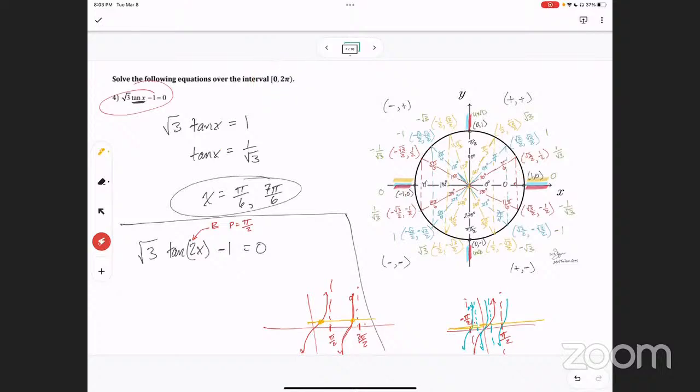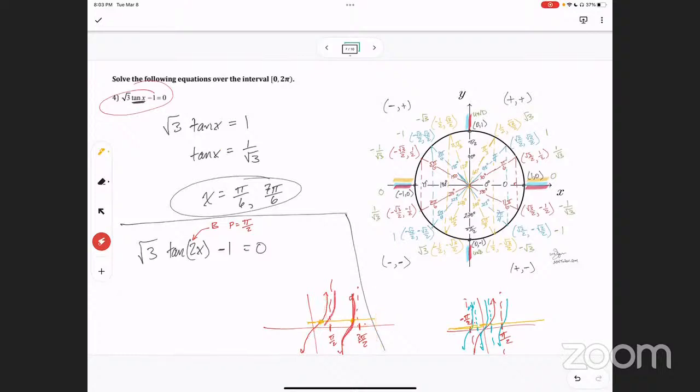But now what did I just do to the period when I put a little 2 in there? What did I do to this period? I halved it, which means I can fit more little blue tangent pieces between 0 and 2 pi. Between 0 and 2 pi, which is over here, I can fit a lot more.